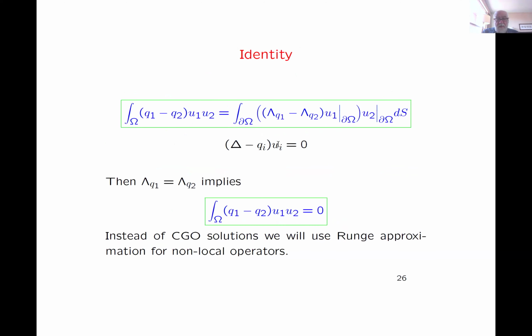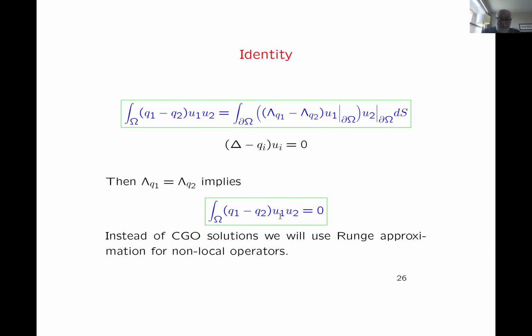I just want to explain one thing about this, which is that you have this identity, which, when this is equal to 0, is also going to be true for the fractional Laplacian. This is proven by using just the Fourier transform. u1 is the fractional Laplacian, and so on.